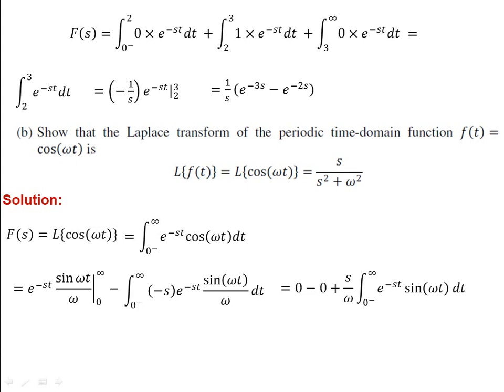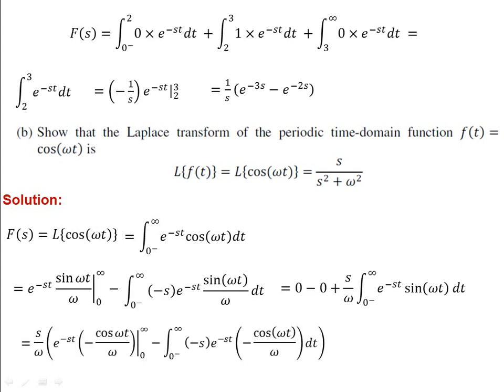Again, I need to further solve this integration by integration by parts. If I use the same approach, I will have this integration equal to s over omega times [e^(-st) times minus cosine omega t over omega from 0 to infinity, minus the integration from 0 to infinity of minus s e^(-st) multiplied by minus cosine omega t over omega dt].